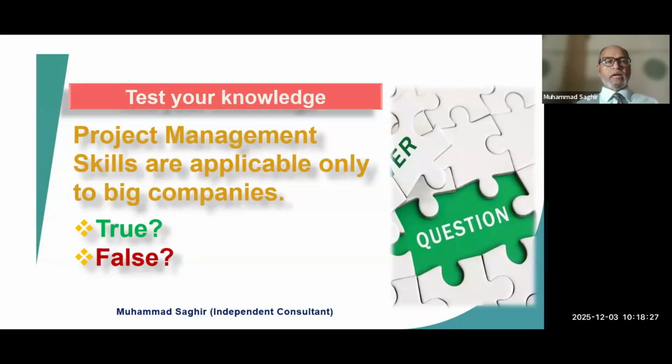Before going further down, I have a question for you all. Project management skills are applicable only to big companies. Is it true or false? What do you think? I repeat, project management skills are applicable only to big companies.